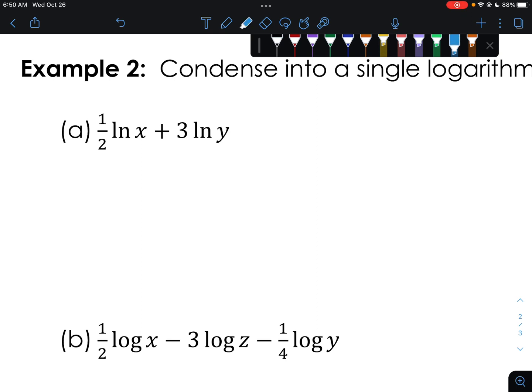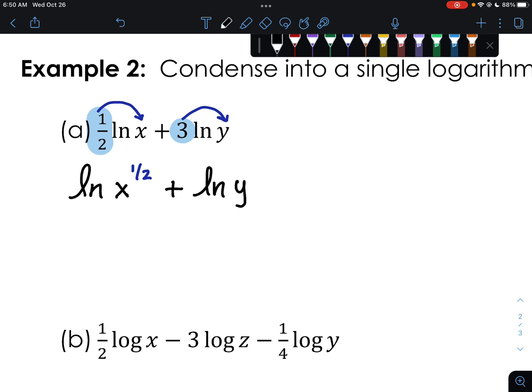So we start by moving anything that's in front of the log back to its exponent. So it's the power property in reverse. That gives us the natural log of x to the 1/2 power plus the natural log of y to the 3rd power.